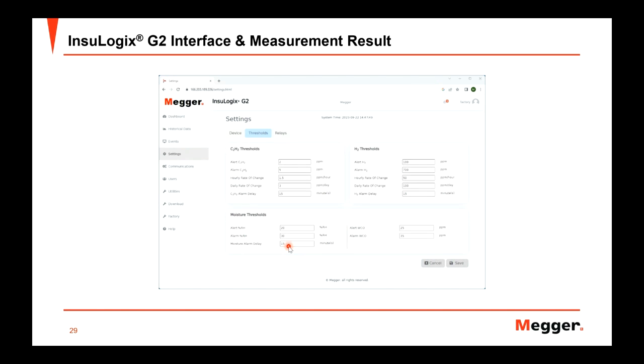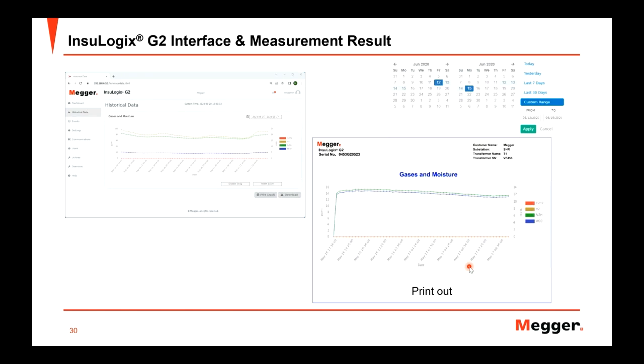We also can set up the threshold of the alert and alarm here, or rate of change inside of the software, or the setting easily. You can save it. You also can monitor the trending or rate of change of the measurement value. Very simple.